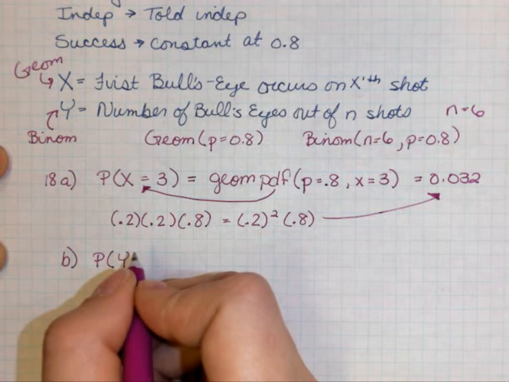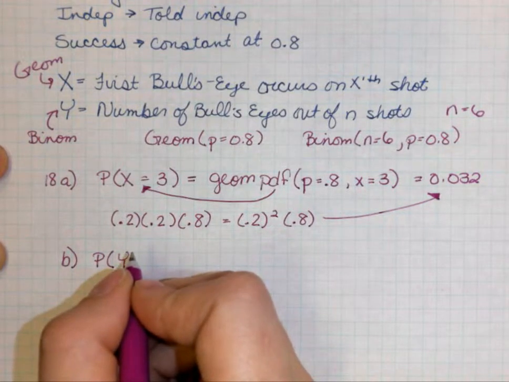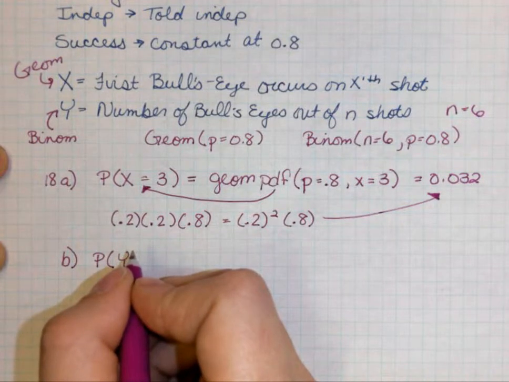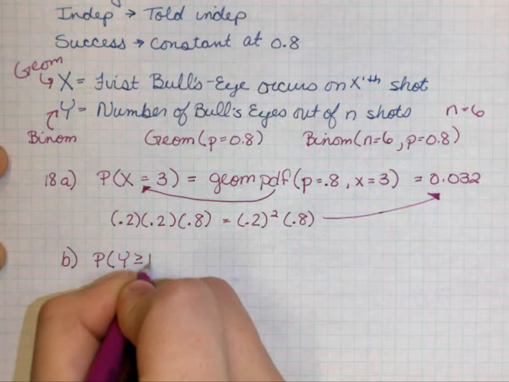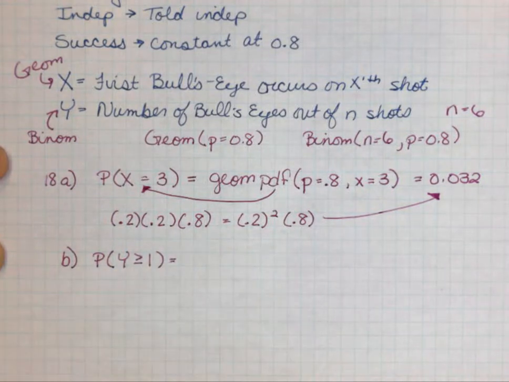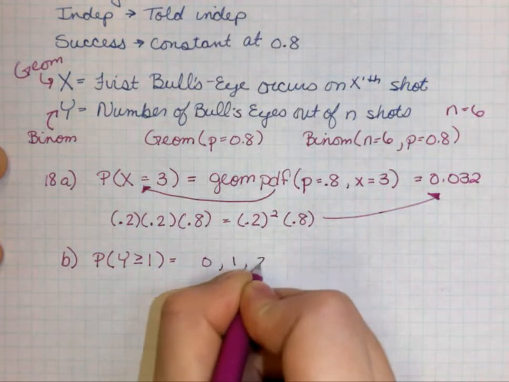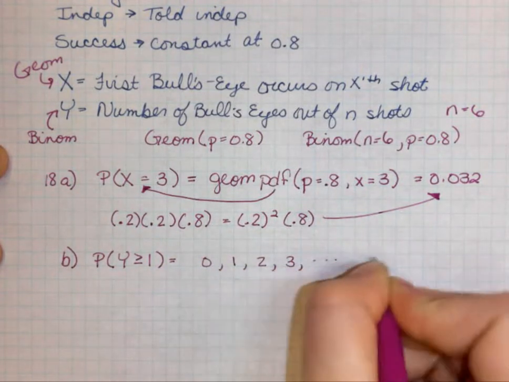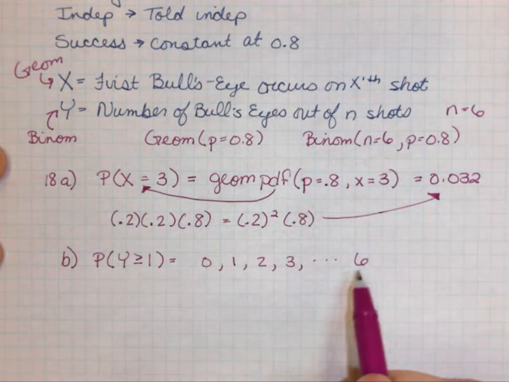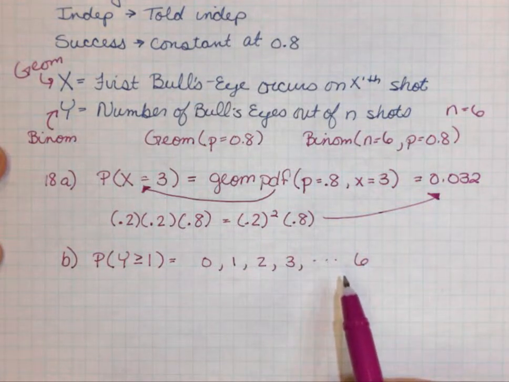What type of a symbol am I going to do for at least once? Less than or equal to 1? Greater than or equal to 1. Ugh. Remember, because this is saying that I can have 0, 1, 2, 3, all the way up to 6. That's the total number of bullseyes I could have.